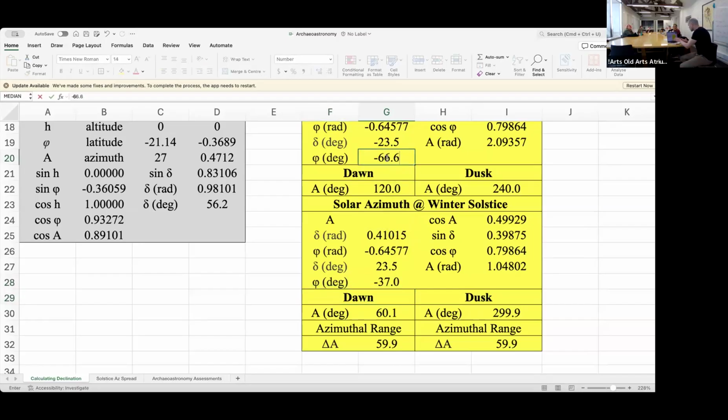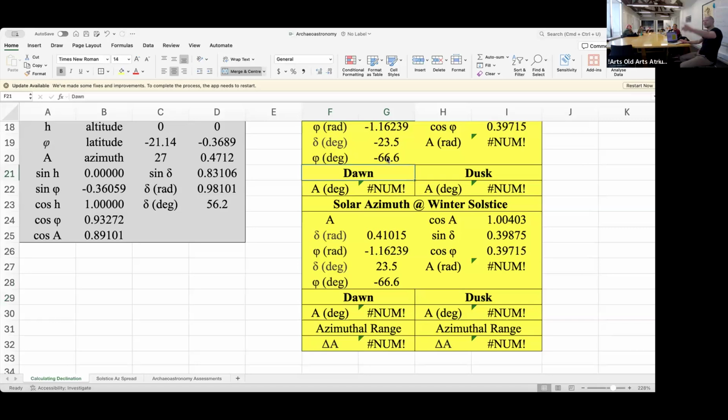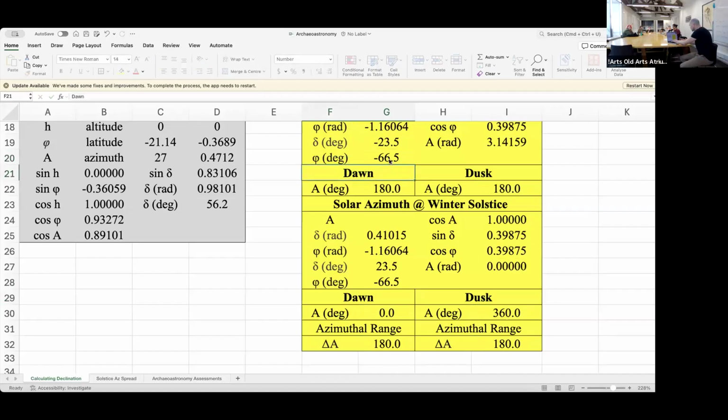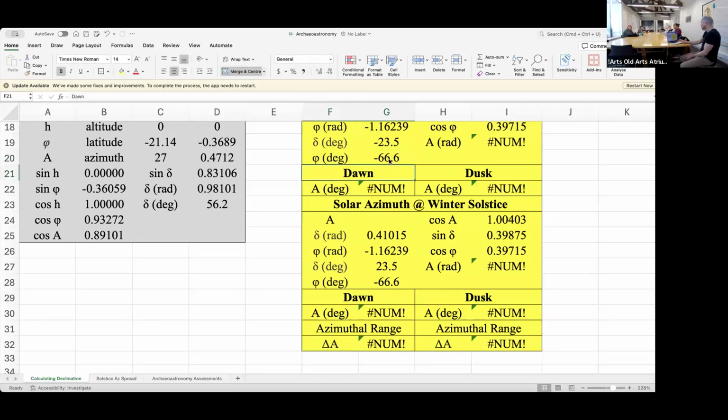Minus 66.6, what happens? It freaks out because it's not defined. You can't go further apart than 180, right? We can go minus 66.5, but we can't go minus 66.6.